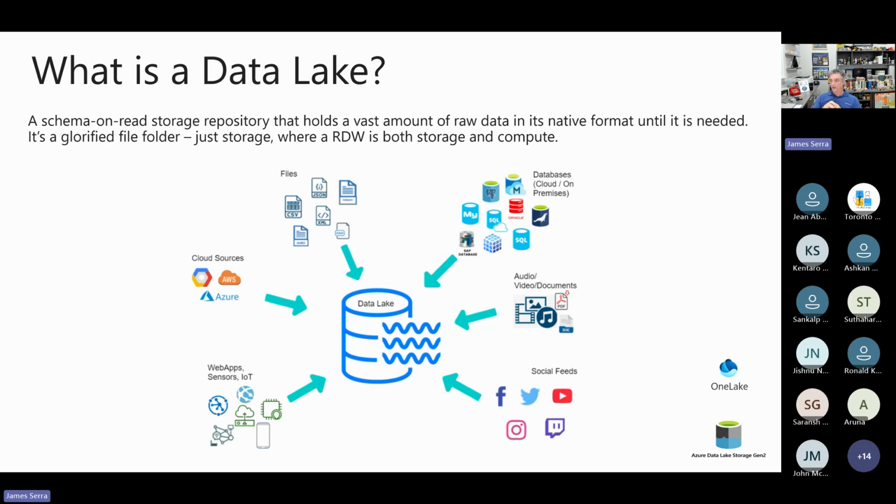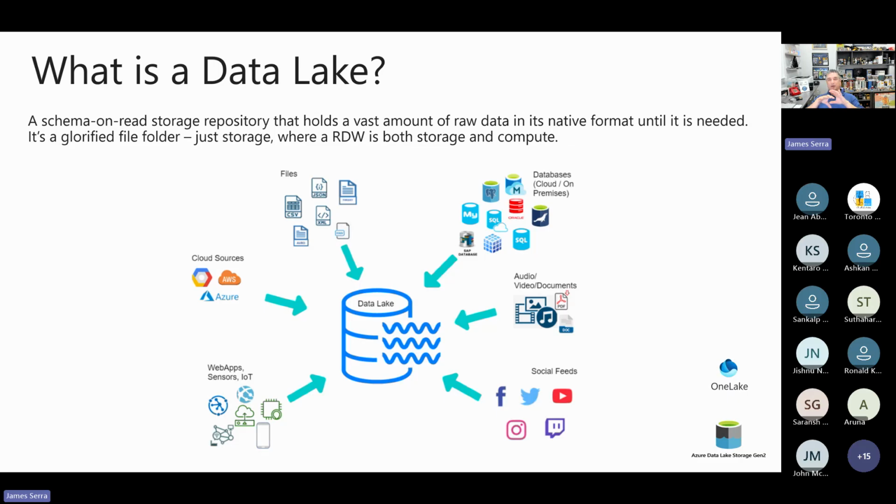Now we also have a data lake, and this became quite popular, I want to say 10 years ago. And this is very different than relational storage in that a data lake is what's called schema on read. You don't have to do any upfront work to land data in there.